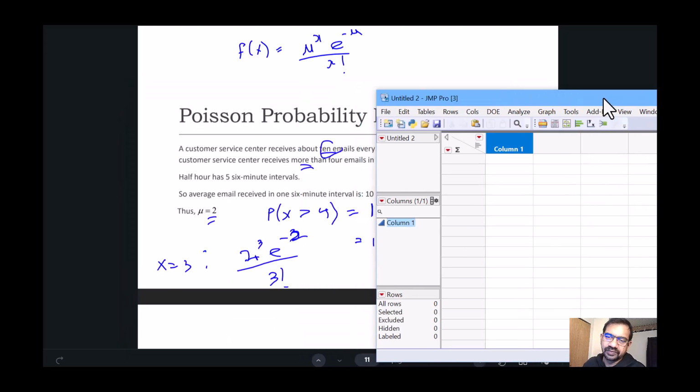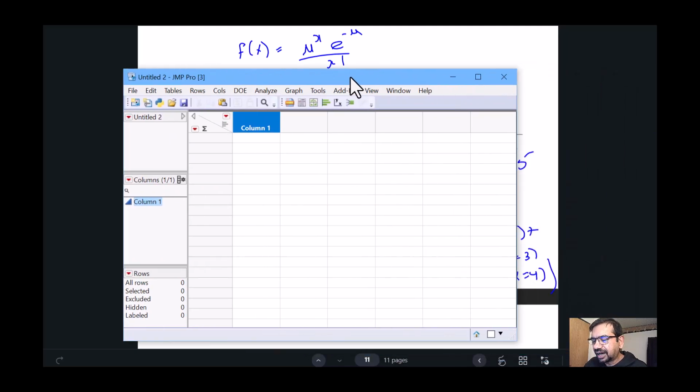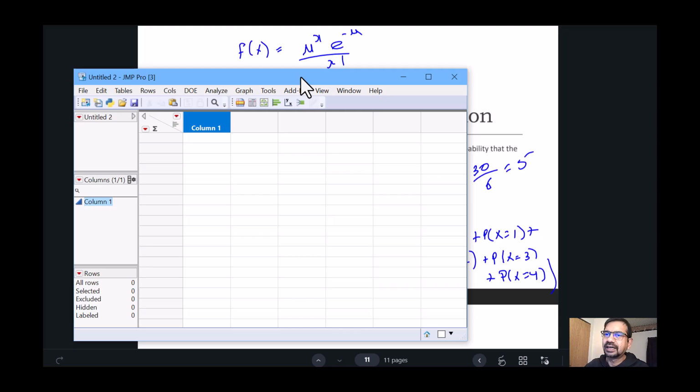We want to calculate the probability of getting more than 4 emails. But this will be a little different from what we did for binomial, where we were able to list out the number of trials and then have our successes. The question doesn't ask us up to how many, it just says more than 4 emails. So we can extend the series as far as we want, but here we'll try to get a more direct answer.